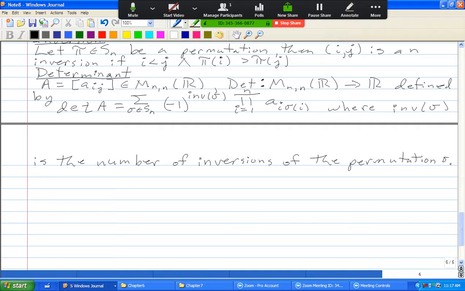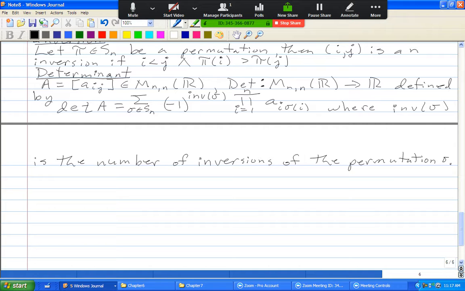In general, we don't use that definition just because it takes forever, literally forever, to actually use that. So we use these other properties that I've given you above to actually calculate the determinant. I guess now the question is, why do we want to know this?